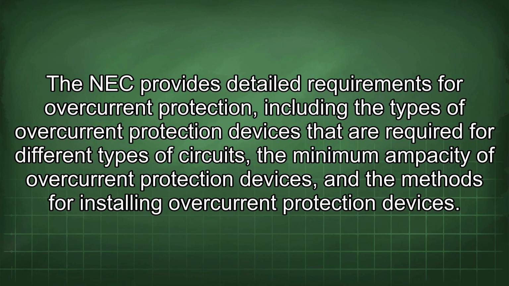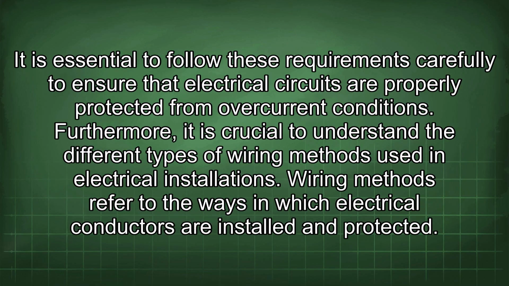The NEC provides detailed requirements for overcurrent protection, including the types of overcurrent protection devices that are required for different types of circuits, the minimum ampacity of overcurrent protection devices, and the methods for installing overcurrent protection devices. It is essential to follow these requirements carefully to ensure that electrical circuits are properly protected from overcurrent conditions.